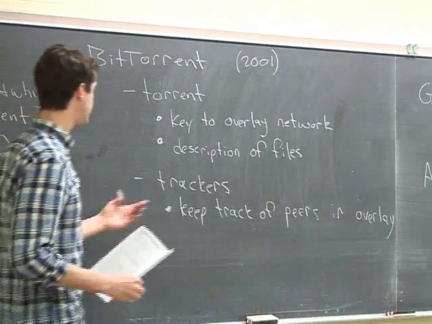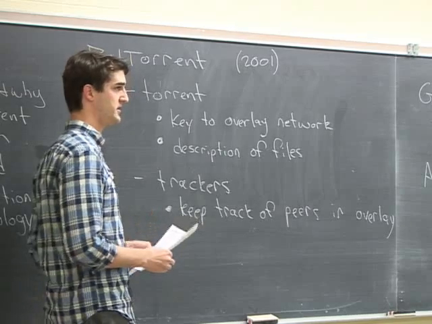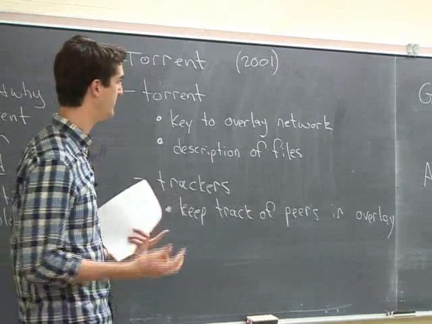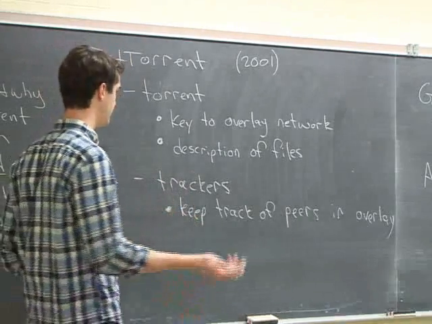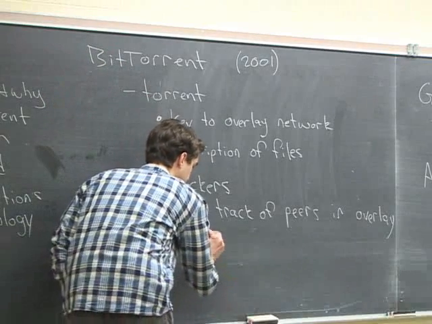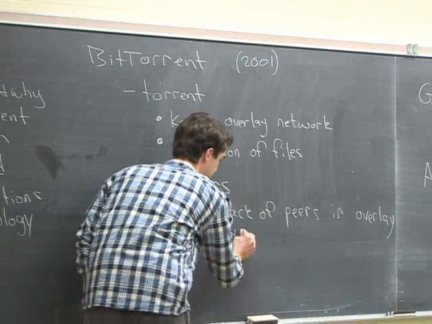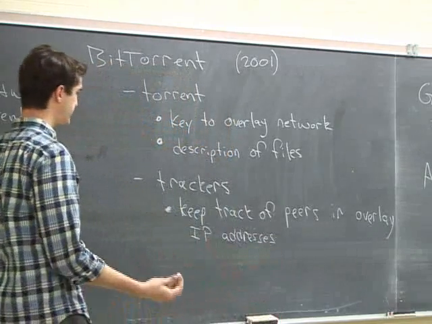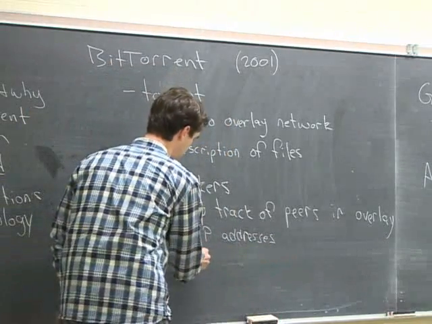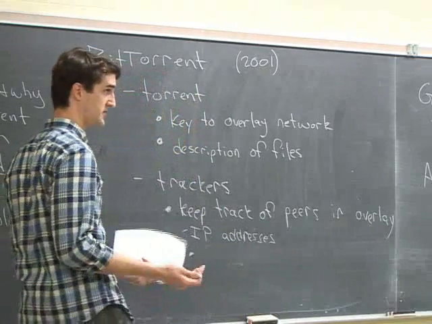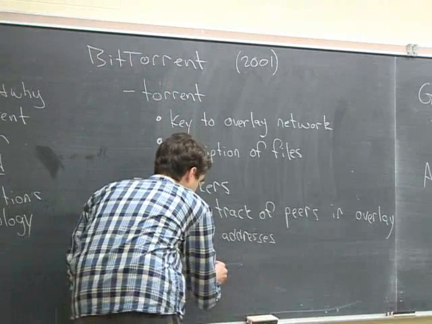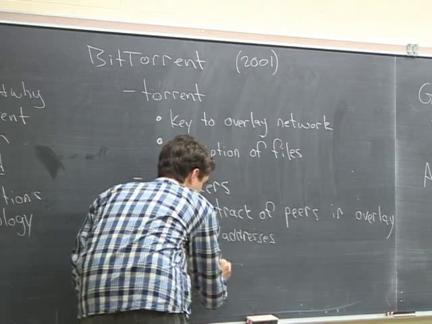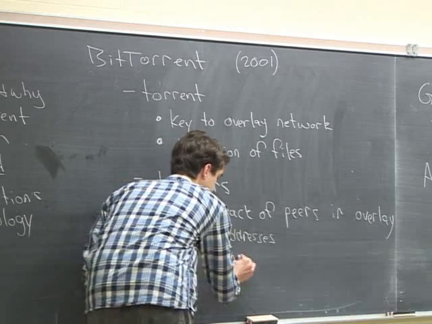So they keep track of the peers, and they keep some information on each peer, like if one peer wants to contact another one, then it needs the IP addresses. And then it also keeps details about how much content each peer has shared with each other. So let's just say sharing statistics.